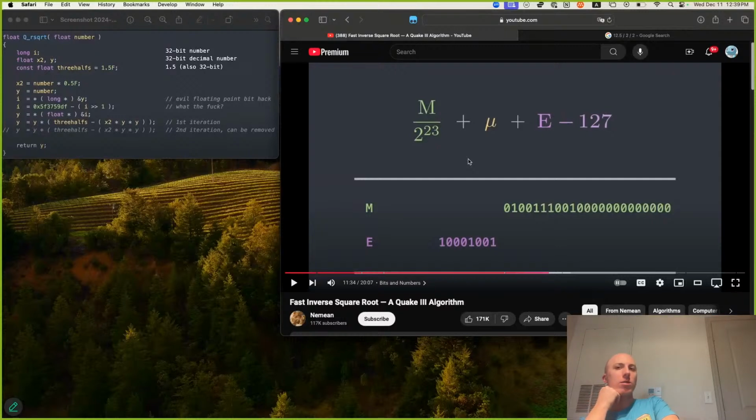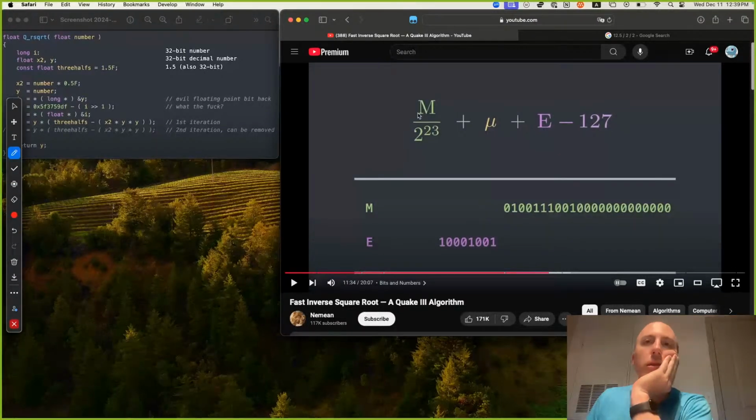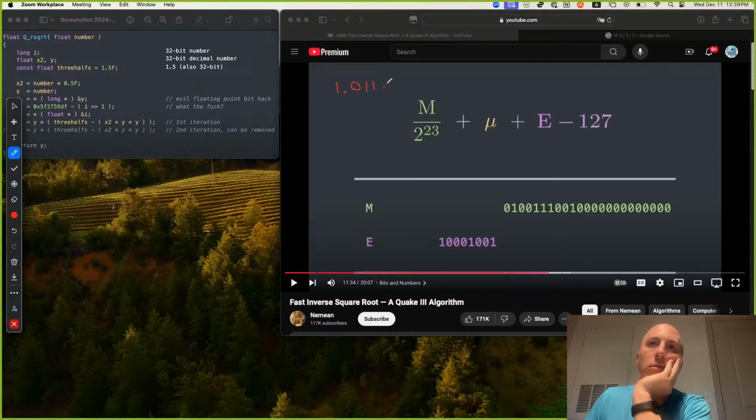Recall that the mantissa is like 1.011 blah blah blah, but the mantissa itself, you tack on the 1.